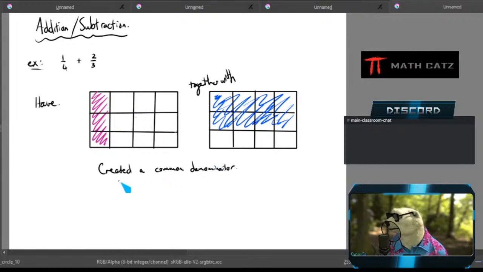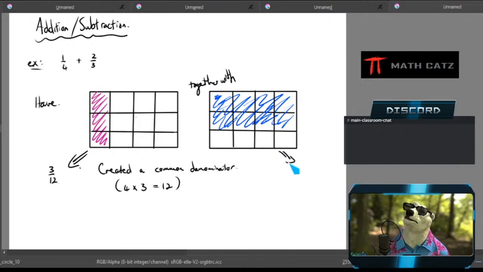And it's always going to be 4 times 3, the product of the 2 denominators, because I had 4 pieces originally, split that one into 3 pieces. That's exactly multiplication. How many pieces do I have? In the second one, I did the same thing, just the other way around. So the result's going to be the same. So what I've actually done here is converted this 1/4 to an equivalent fraction 3/12, this 2/3 to an equivalent fraction 8/12.